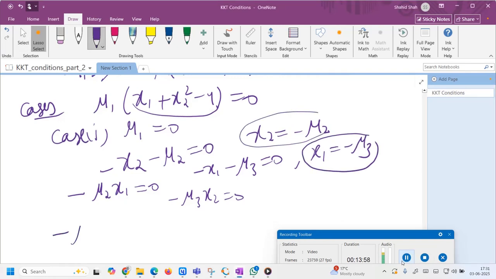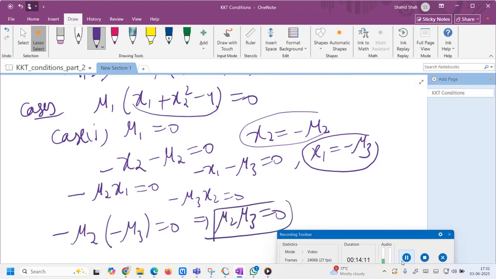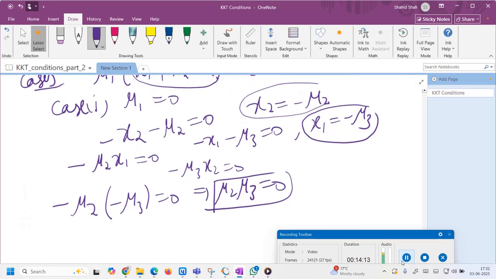So we get minus mu2 times x1, minus mu3, that is mu2 mu3 is 0. This product is 0. And similarly minus mu3 x2 also becomes the same, mu2 mu3 is 0. Now this is possible only when either mu2 is 0 or mu3 is 0, right?